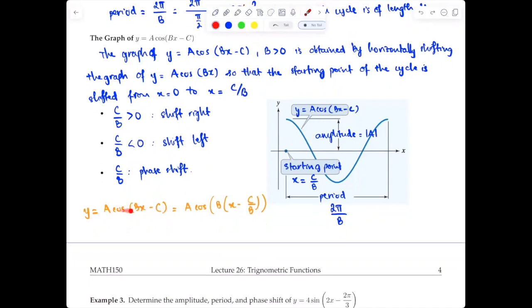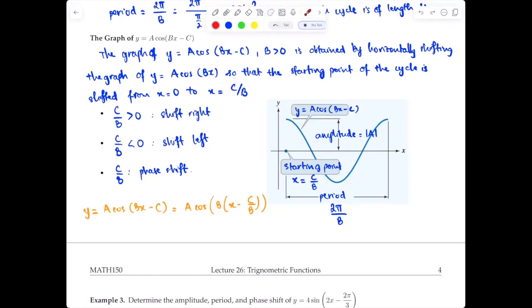Given the original function a times cosine of bx minus c, I will take b as the common factor for the terms inside the parentheses. Now I'm left with a times cosine of b times x minus c over b. This manipulation allows me to see the transformation a little bit better, and the transformation affects the function horizontally.